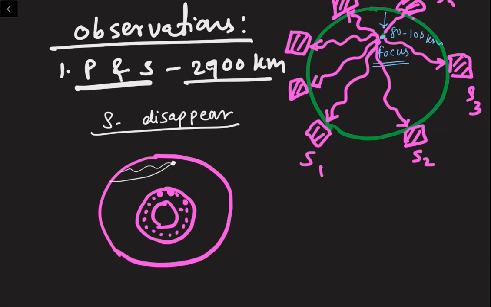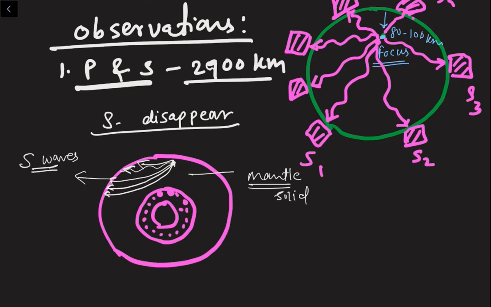They start coming towards the surface. Now they include both P waves and S waves. Now I am drawing only S waves, suppose. These are secondary waves. Now they are traveling through the mantle. This is the mantle, and you know better that the mantle is also solid. But this is the outer core.